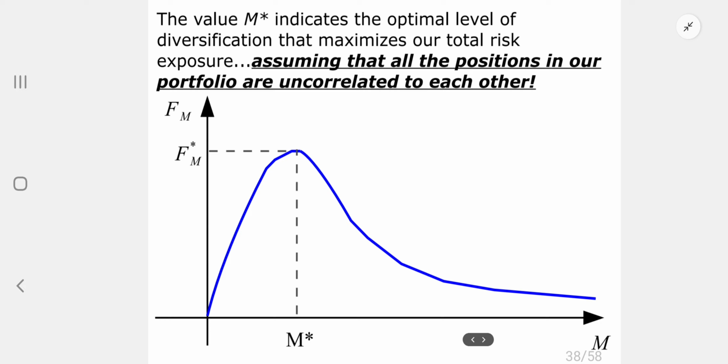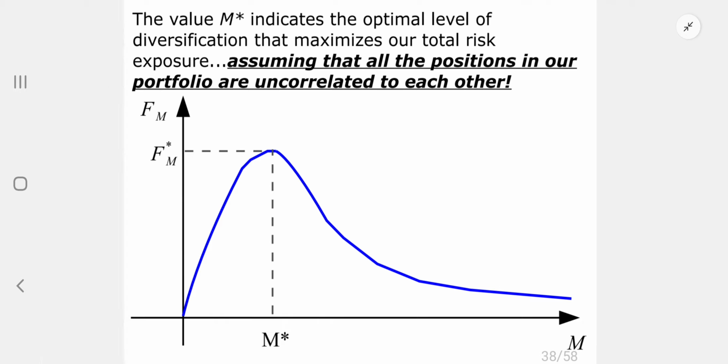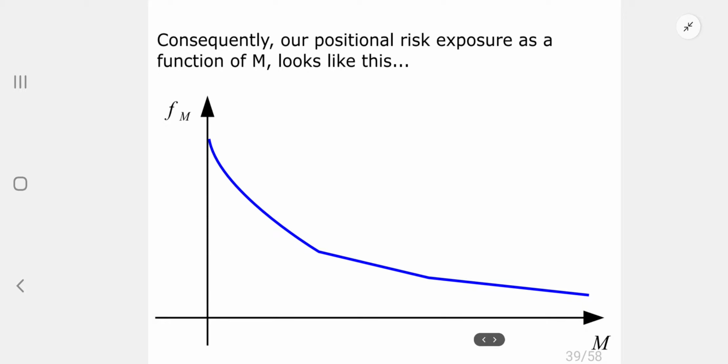The value M star indicates the optimal level of diversification that maximizes our total risk exposure, assuming that all the positions in our portfolio are uncorrelated to each other. Consequently, our positional risk exposure as a function of M looks like this.